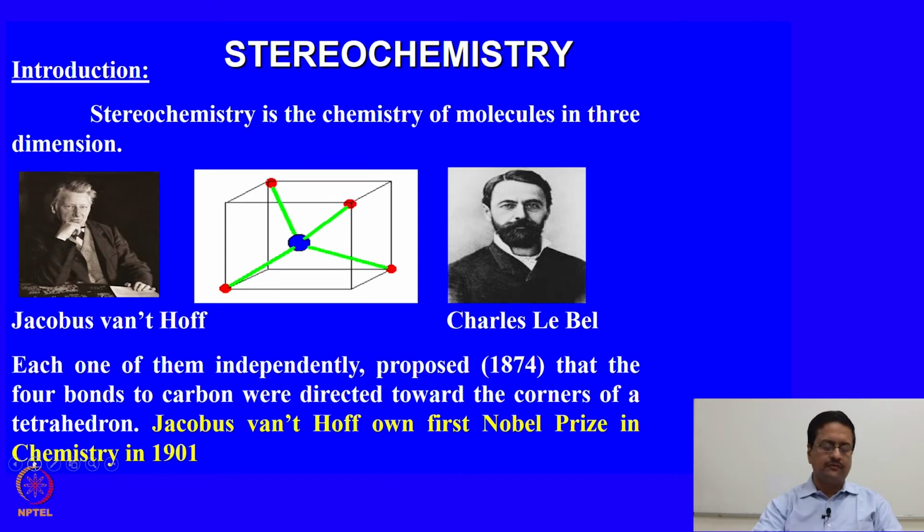In 1874, Jacobus van 't Hoff and Charles Le Bel independently proposed that the carbon atom will have four bonds in tetrahedral orientation.